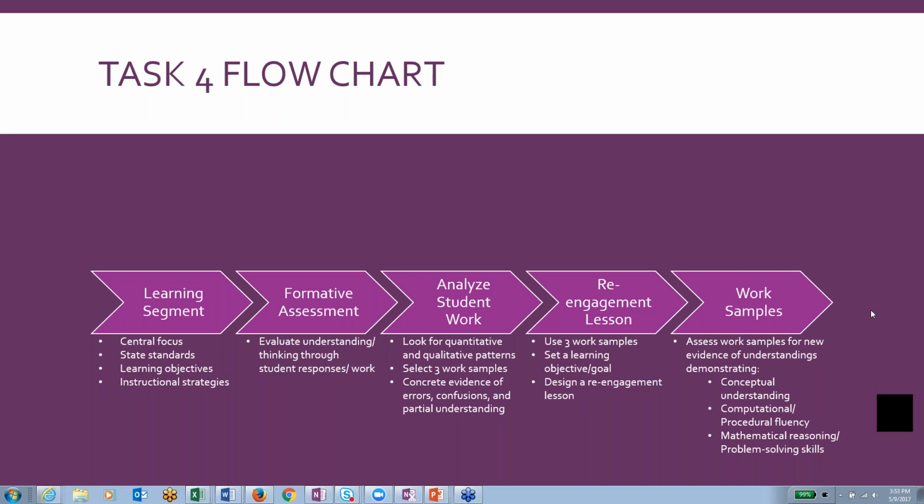You have to really teach for those particular students. No more can we just do lesson plans for the sake of lesson plans. Our lesson plans have to be responsive to our student needs. And that's what the re-engagement lesson should demonstrate, that you can plan a lesson based on what you know your students need.